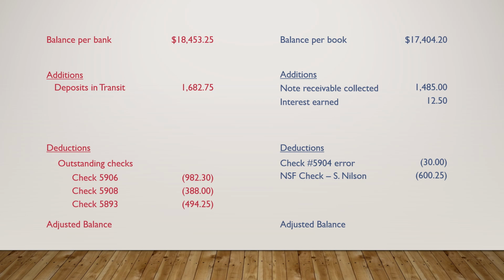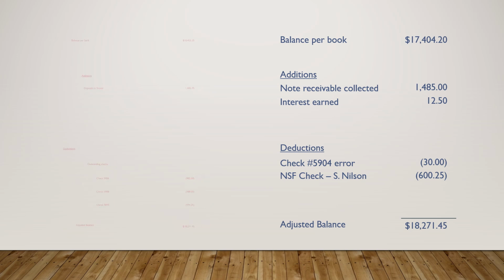Then sum up each column to see that we have an adjusted balance of $18,271.45. With our true adjusted cash balance identified, we now need to record our adjusting entries. Remember, we only record entries for the items on the book side of the reconciliation.